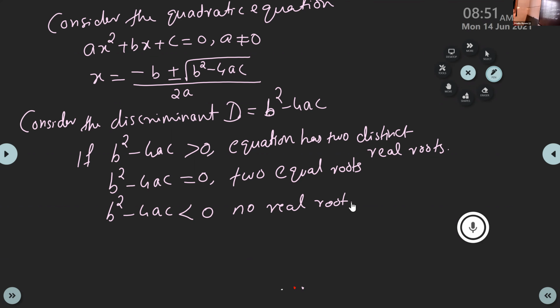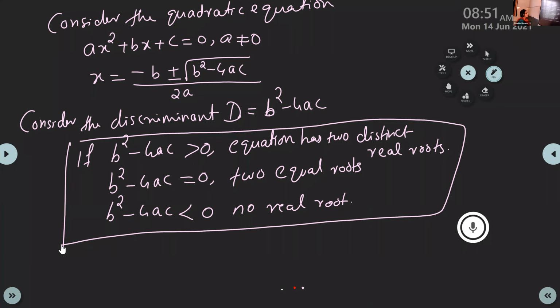So put this in a box. If b square minus 4ac greater than 0, two distinct real roots. If b square minus 4ac equal to 0, two equal roots. If b square minus 4ac less than 0, no real root.